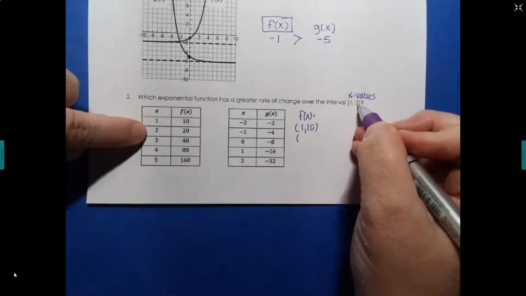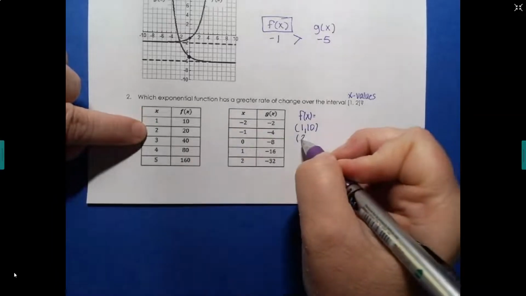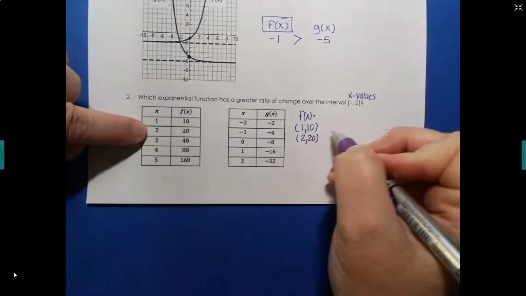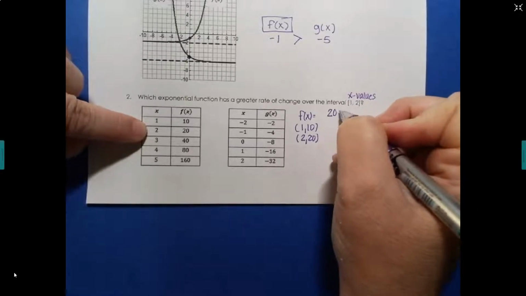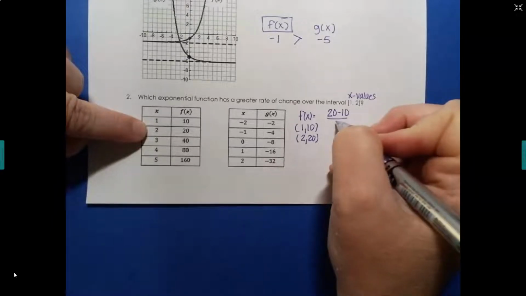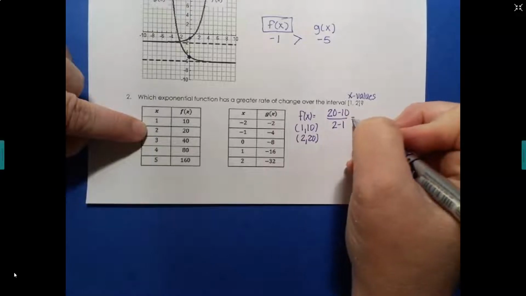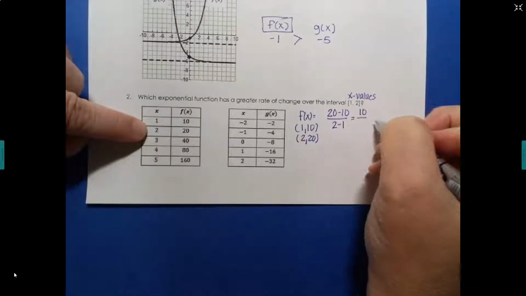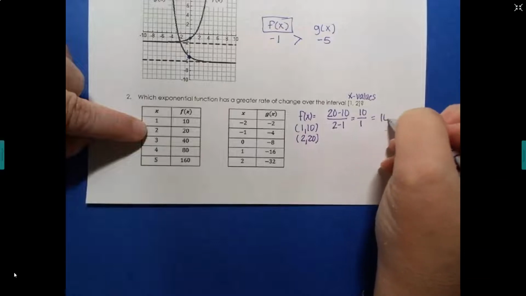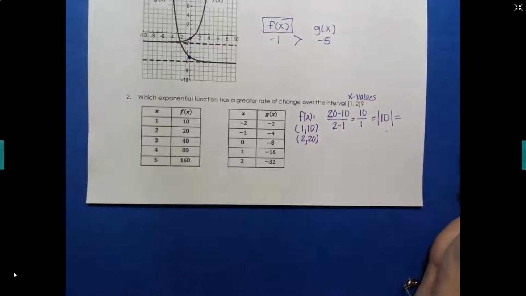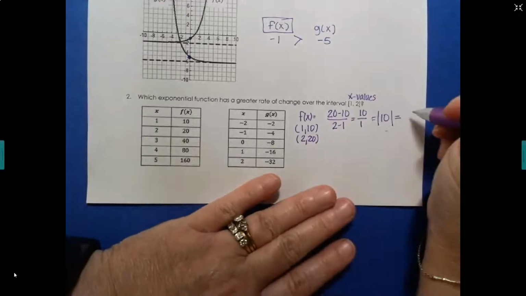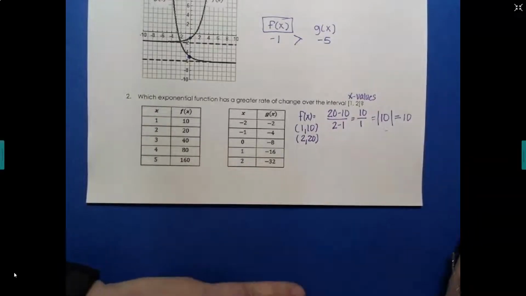And if my x value is 2, I have a y value of 20, so 2 comma 20. I'm going to plug these into the slope formula. y2 minus y1 over x2 minus x1 gives me 10 over 1, which is 10. I remember we talk about absolute values when we're talking about rate of change. And so the absolute value of 10 is still 10.